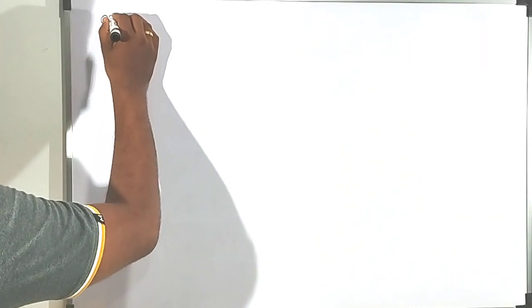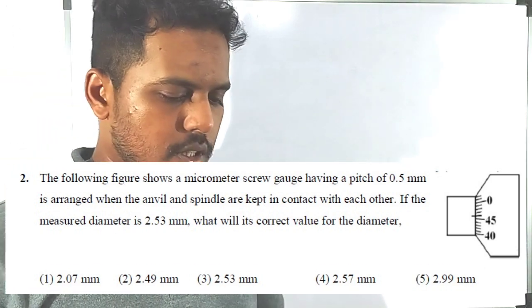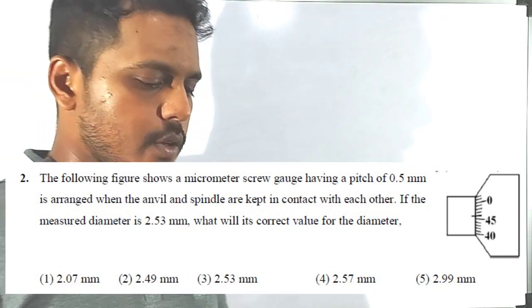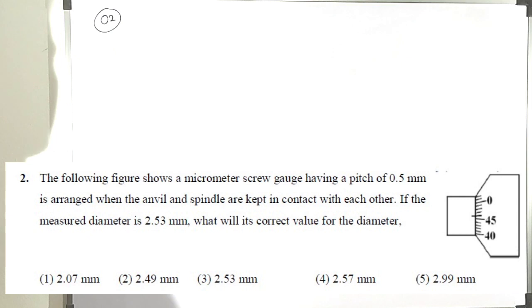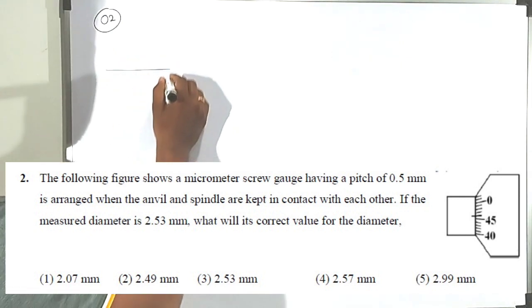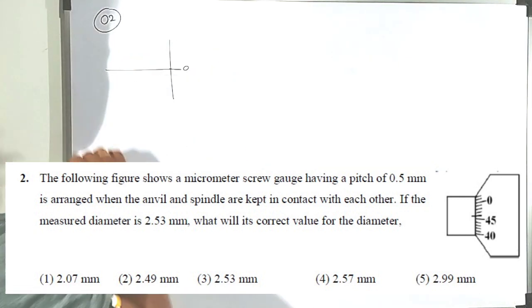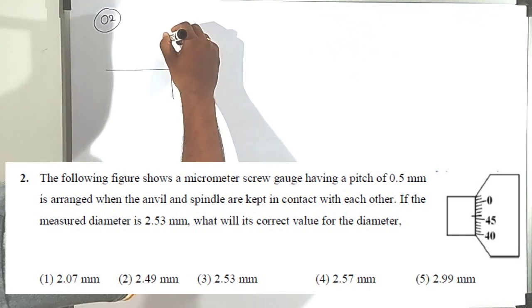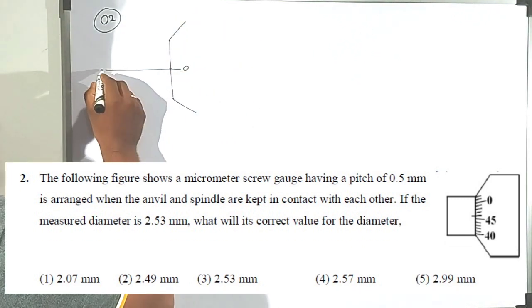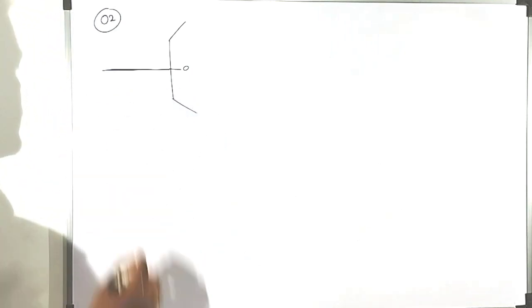Question number 2. The figure shows a micrometer screw gauge with a zero error. If there is no zero error, then the zero mark of the circular scale coincides with the horizontal line of the main scale.